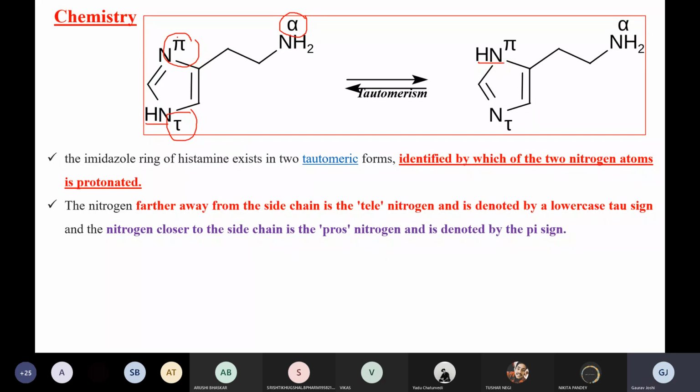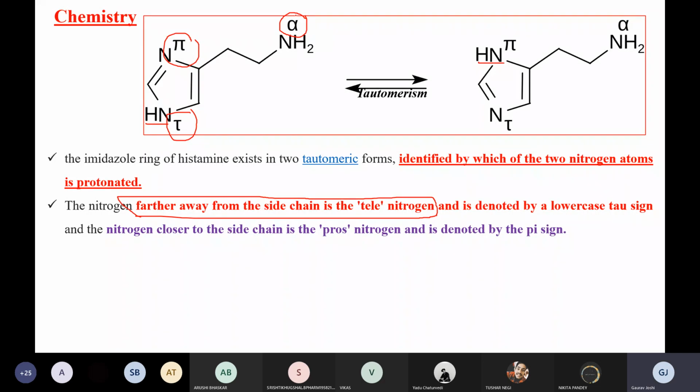When we look at the structure of imidazole, this hydrogen can be present at nitrogen 1 or at nitrogen 3. The nitrogen farther away from the side chain is the tele nitrogen. This is the alpha.